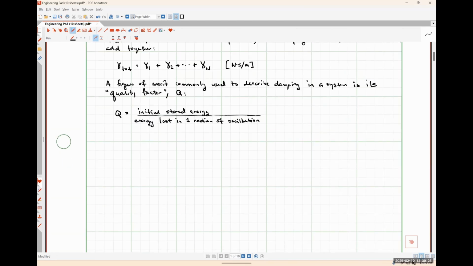So in that sense, we can express our quality factor as omega naught times our mass divided by our damping coefficient, or alternatively, this could be the square root of our spring constant times our mass over our damping coefficient. And this is going to be a unitless or dimensionless quantity.